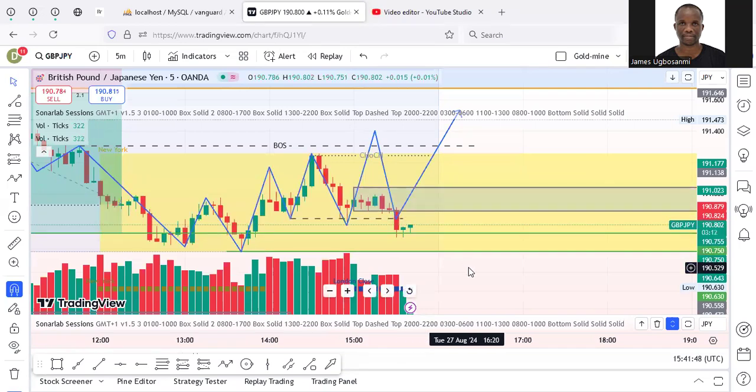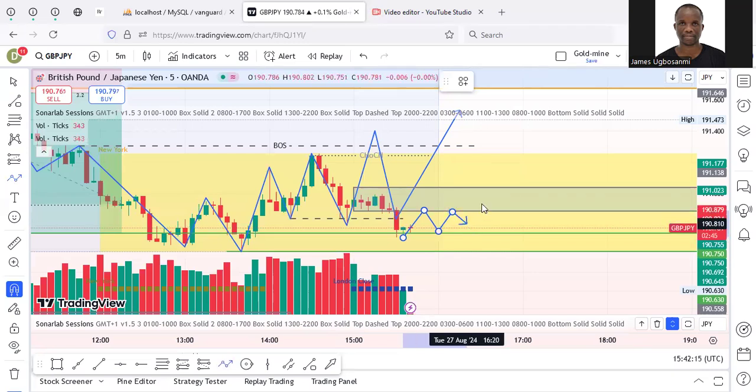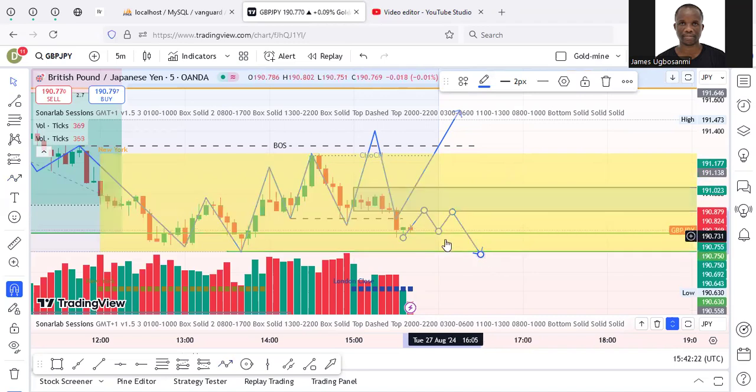Now, you want to be patient and wait for the market to give you that perfect structure, a structure like this. Like the market coming to this point, let's say it comes here and does something like this, just something to indicate that it's coming down. That is all.